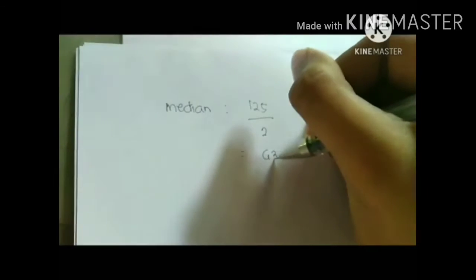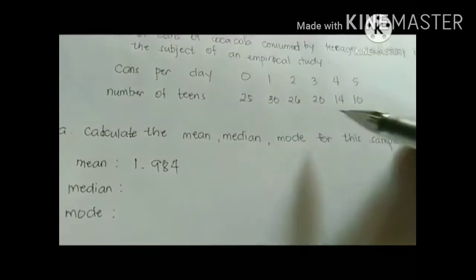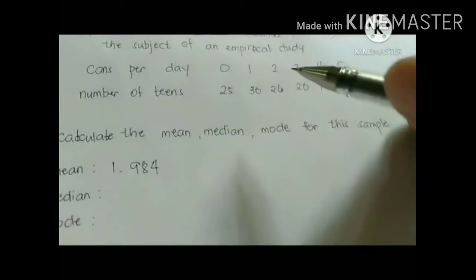For the median, we will have 125 divided by 2, so we will have 63 or so, the 63rd position. So where do we get the 63rd position in this table?